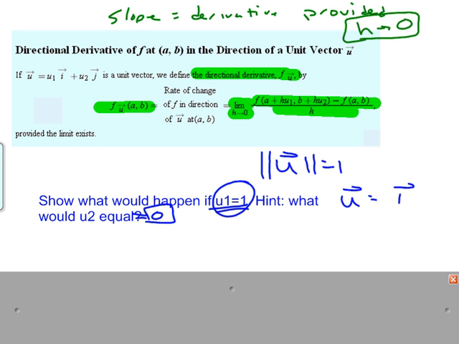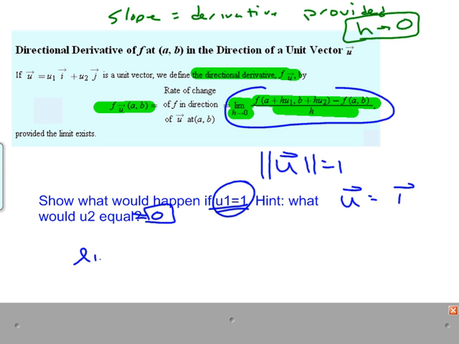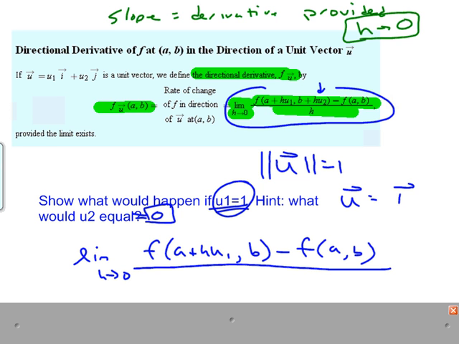So in that case, if we go back to our equation here, we'd have the limit as h approaches 0 of f of a plus h u1, comma b, because now u2 is 0, so that's just b, minus f of a, b, all over h.